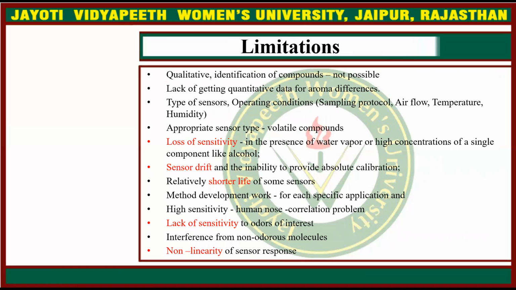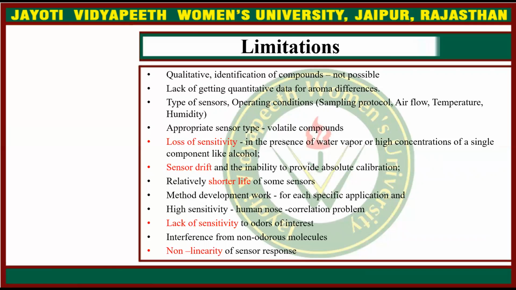These are the limitations. Qualitative identification of the compounds is not possible, and there is a lack of quantitative data for aroma differences. Limitations include type of sensors and operating conditions, that is sampling protocol, airflow, temperature, and humidity.